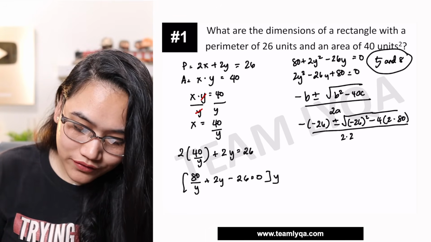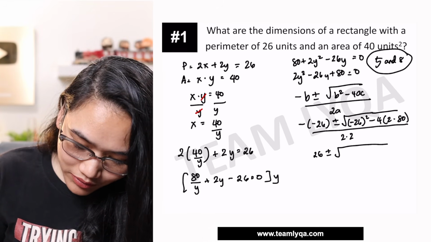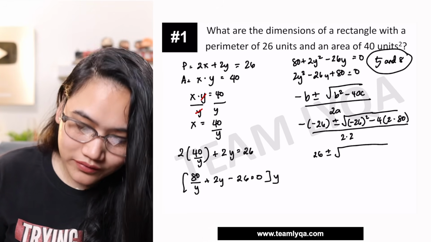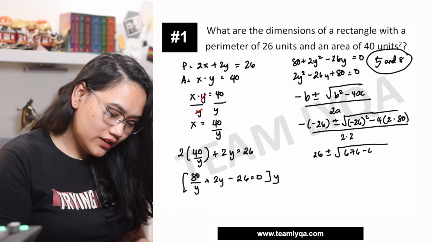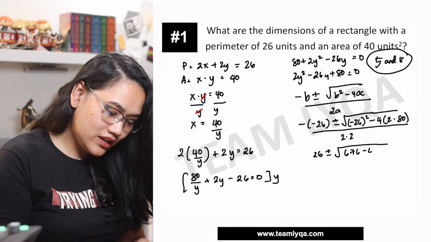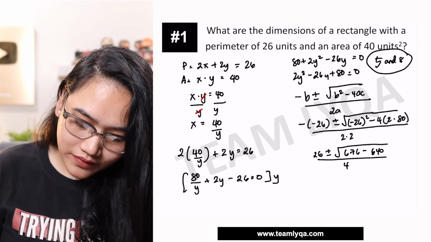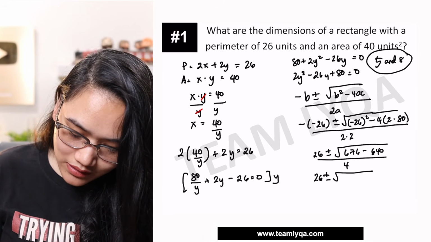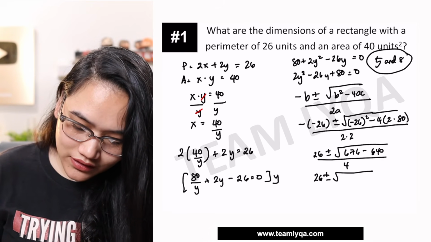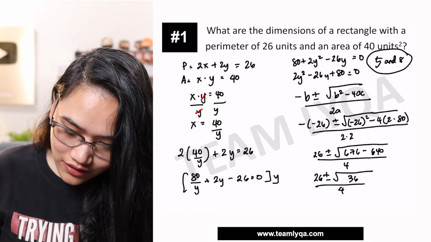So here you have positive na siya kasi negative times negative. 26 plus and minus the square root of negative 26 times negative 26. 676 minus 4 times 160, which is going to give us 640 all over 4. So 26 plus and minus, yan, 676 minus 640 is going to give us 36 all over 4.